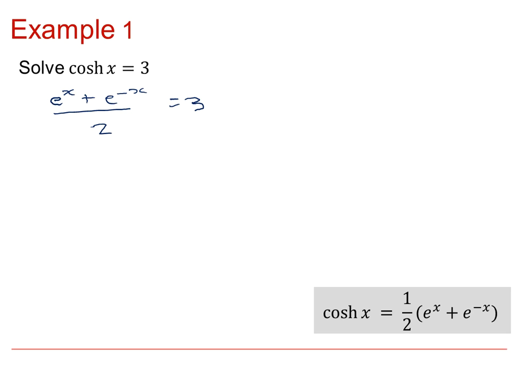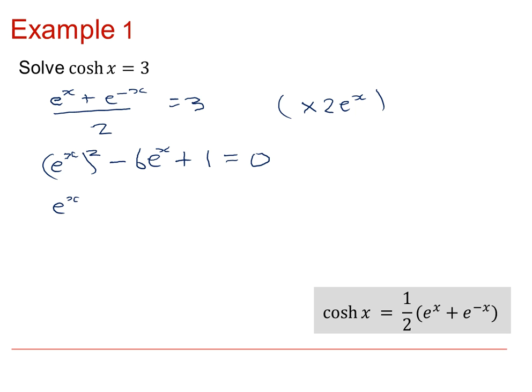If we multiply up by that 2 and then also by e to the x, we would obtain a quadratic equation in e to the x. With a little rearranging, we can solve this by completing the square, or another method.